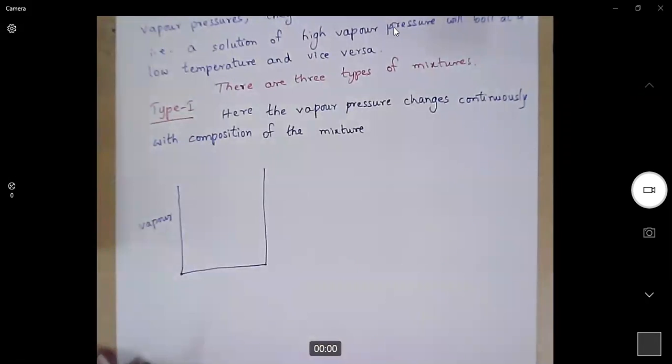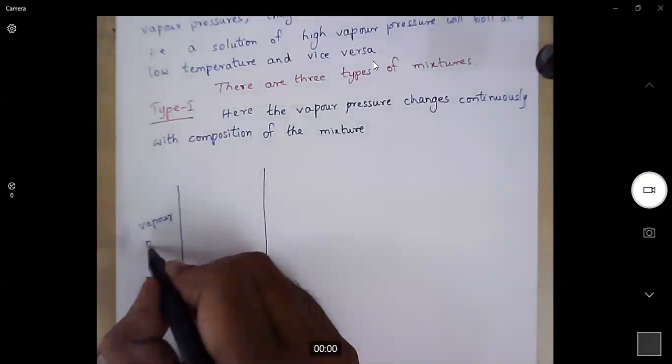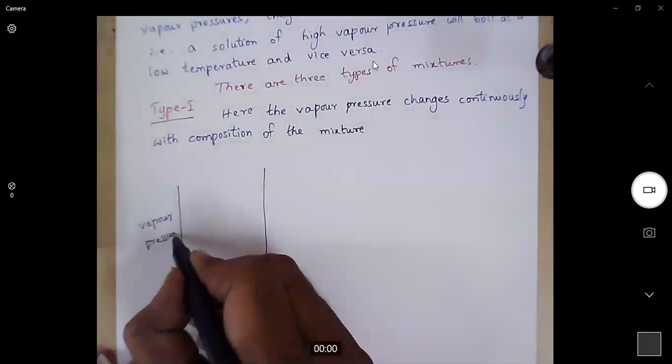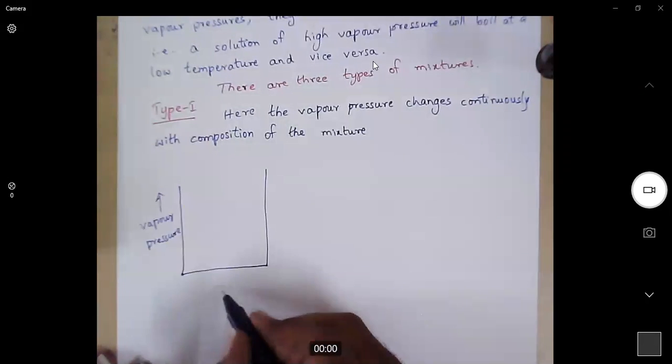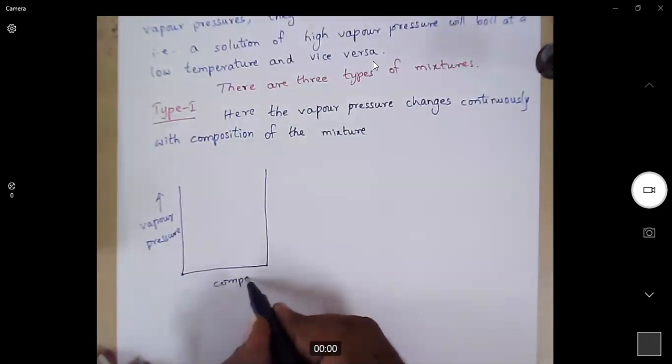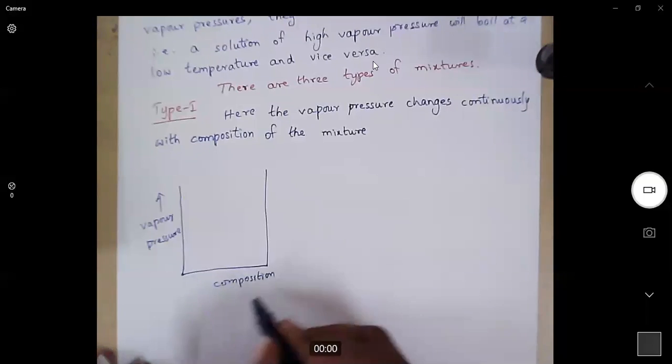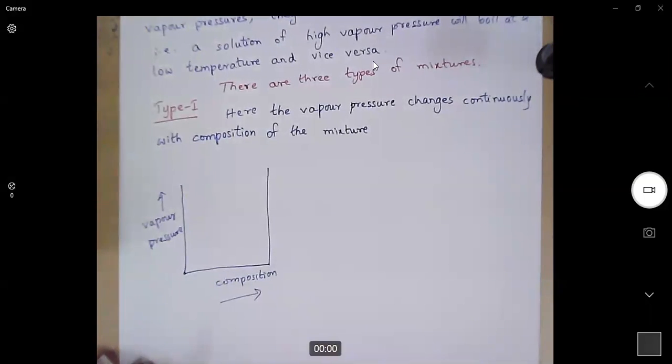Again, we will take vapor pressure on y-axis, composition or mole fraction on x-axis.